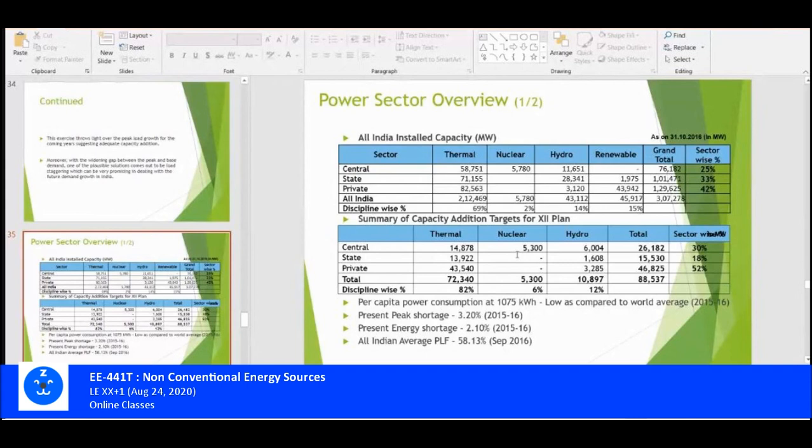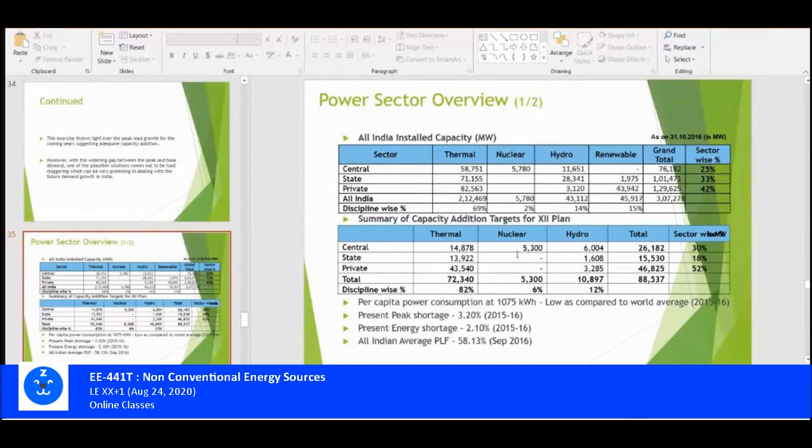In the same way, we have got different thermal, nuclear, hydro, renewable. So still almost 70% from fossil fuel generation, though it is slowly coming down. By this time, I think 65 or 66% may be the share of thermal. Nuclear is almost static, though it was predicted to have some 8 to 10% share, but due to certain reasons, the escalation in nuclear generation has not been on the rise.